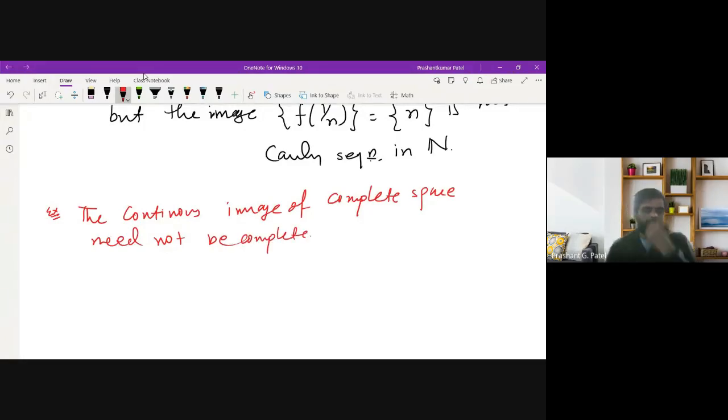To make this example, the same example which we have discussed earlier will work.